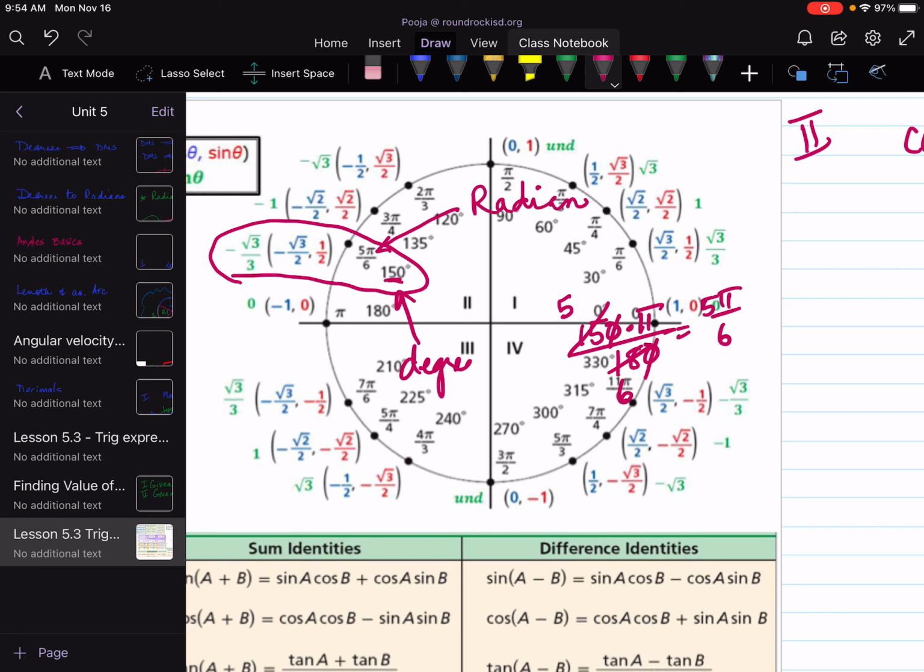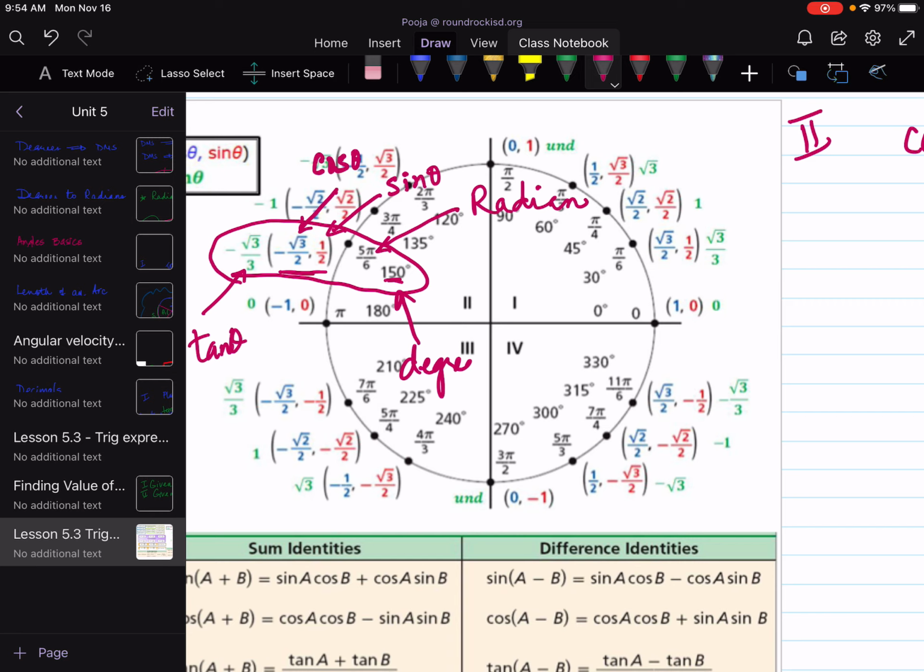You can convert each and every one of them, or use the unit circle where the conversions are done for you. Then comes the point, the x-coordinate and the y-coordinate. The x-coordinate is always cosine of that angle. The y-coordinate is the sine value of that angle. And the last one, which is given in green, is the tangent value of that particular angle.